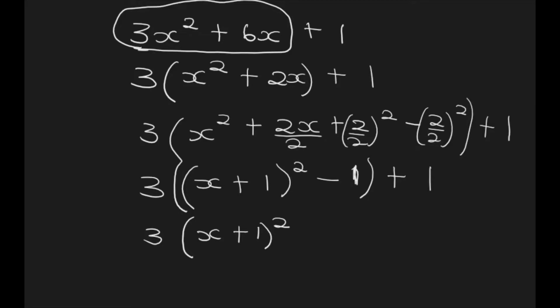So we then say minus 3 plus 1. So the final solution now will be 3 into x plus 1 bracket squared, and then 1 minus 3 we get minus 2.